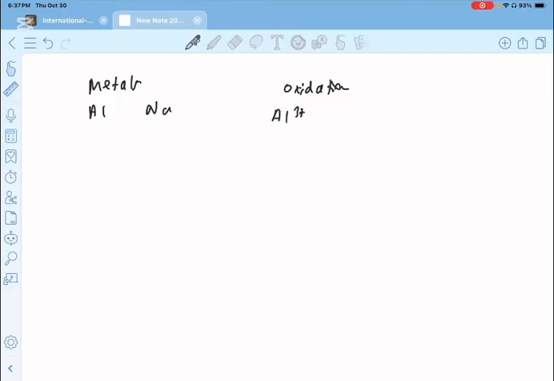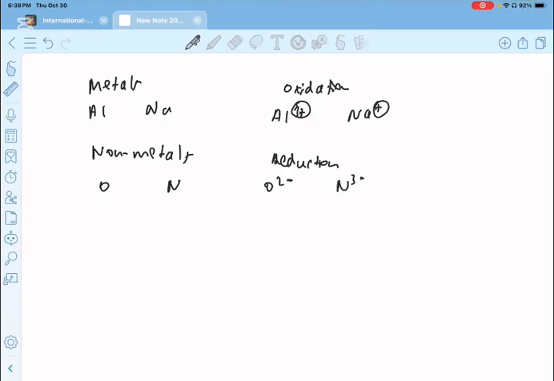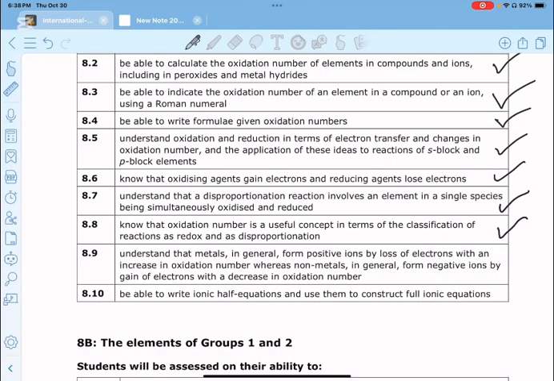So it becomes Al3 plus, Na plus. So it shows that it has lost an electron, right? And non-metals like oxygen or nitrogen will undergo reduction. They will gain electrons and they'll become O2 minus or N3 minus. So that's basically what it means. In general, non-metals will undergo reduction while metals will undergo oxidation, okay?